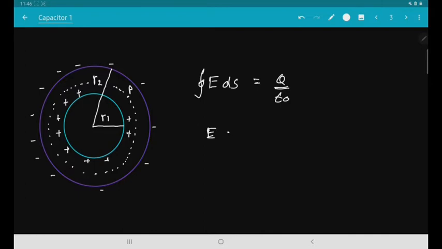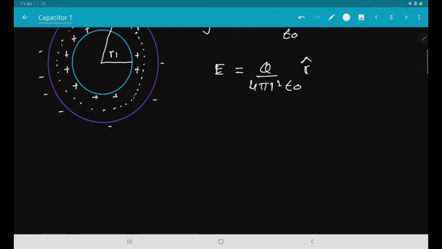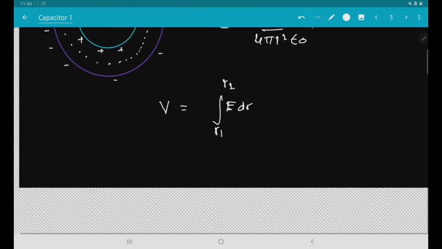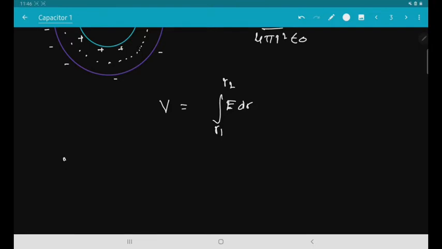We will get E is equal to q divided by, now integration of ds, that means we will get 4πr² times ε₀. This will be in r cap direction. Now from this we can easily find the potential by using the equation E·dr. We will move in the direction of the field, that is from r1 to r2, so we don't have to put the negative sign.